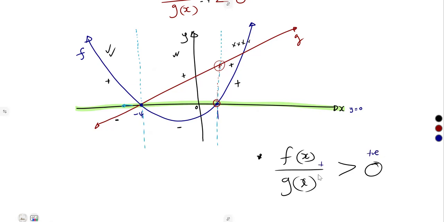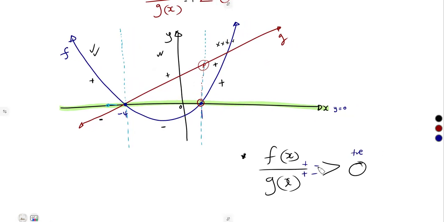So it's either positive over positive or negative over negative. So the region that failed previously satisfies this one, which is this region from 1, 2, 3, 4, 5, and so on. Both functions are positive. G is positive, f is positive. But remember, we must also check, as we are dealing with g of x, that g of x cannot be equal to 0. So we must consider that one.